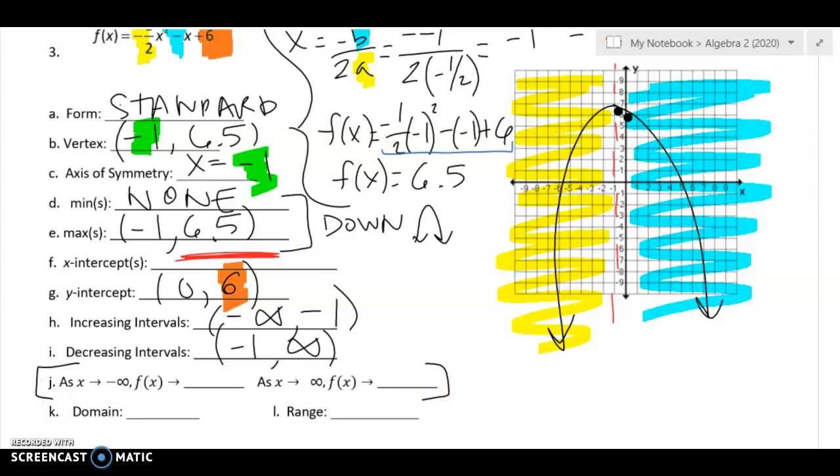Both of the ends of the arrows are pointing downward, so we write negative infinity. The domain is the x value, so it forever goes to the left and it forever goes to the right. The range is the y values. It goes down low forever, and the highest that it gets is 6.5, and that's a number, so it gets a bracket. And that one's finished.